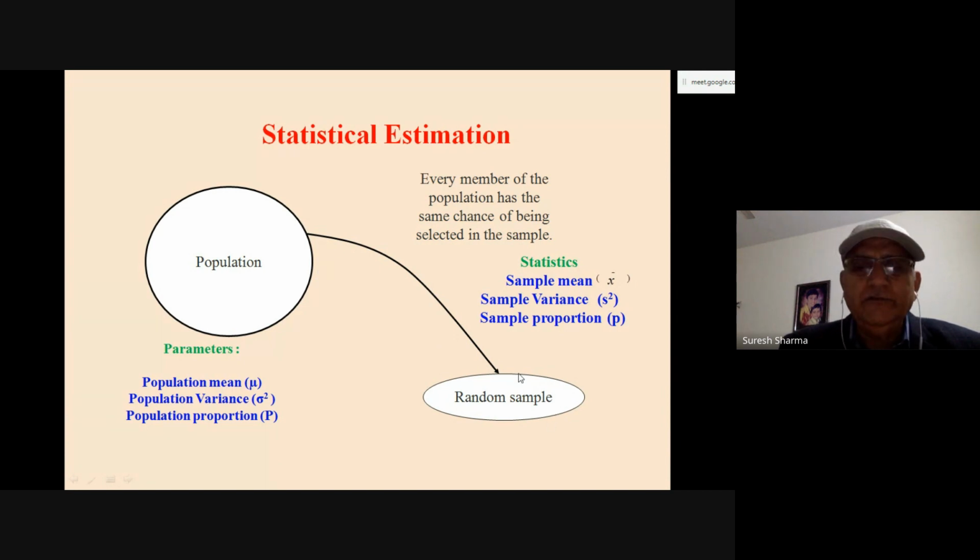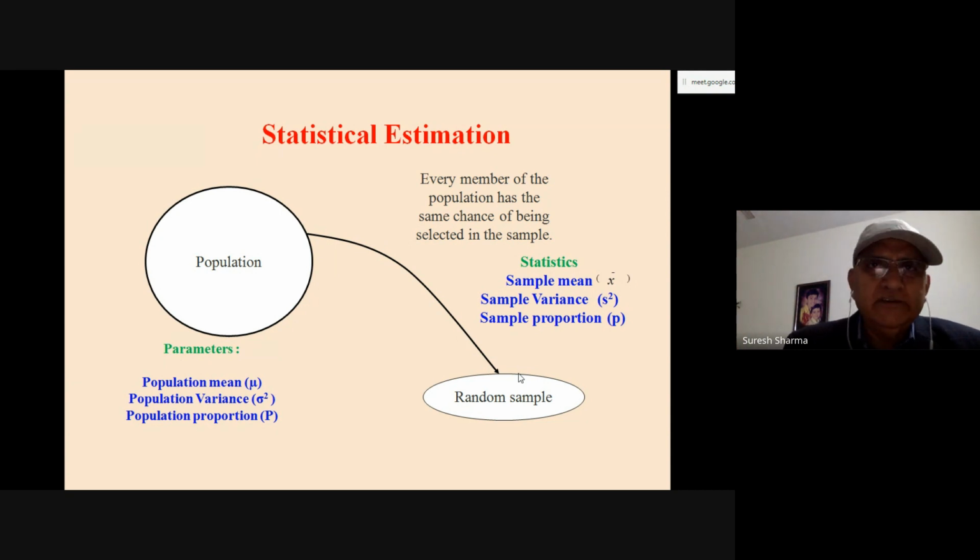Now, X1, X2, up to X500, all the observations will be available to me for 500 people. It may be related to height, weight, BMI, age, blood pressure, whatever parameters you want to study. But all the 500 observations for the sample will be available.